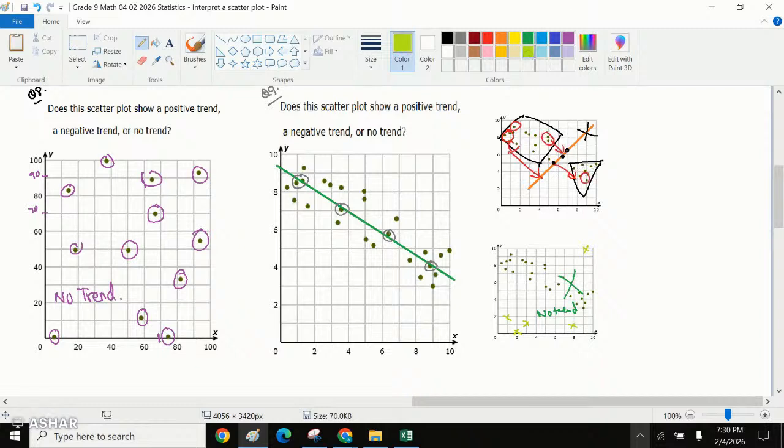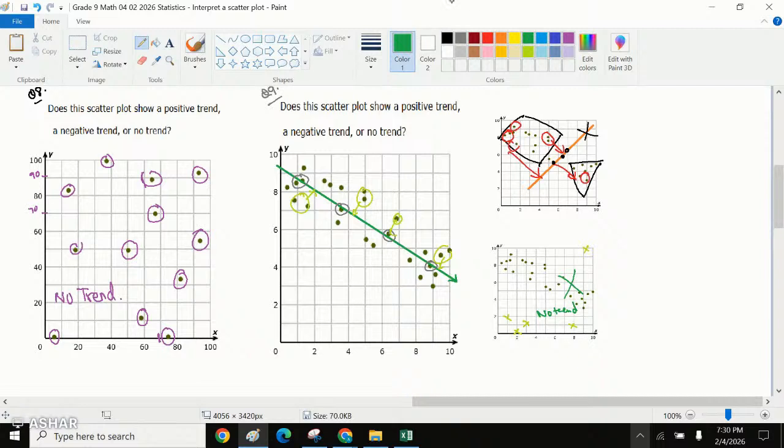But over here, the points are very close to the line. There might be one point that is over here, but one point will not change the result, because it is a single point that is scattered out. We would go with the majority of the points. If the majority of the points are near the line, then we say this trend is correct.